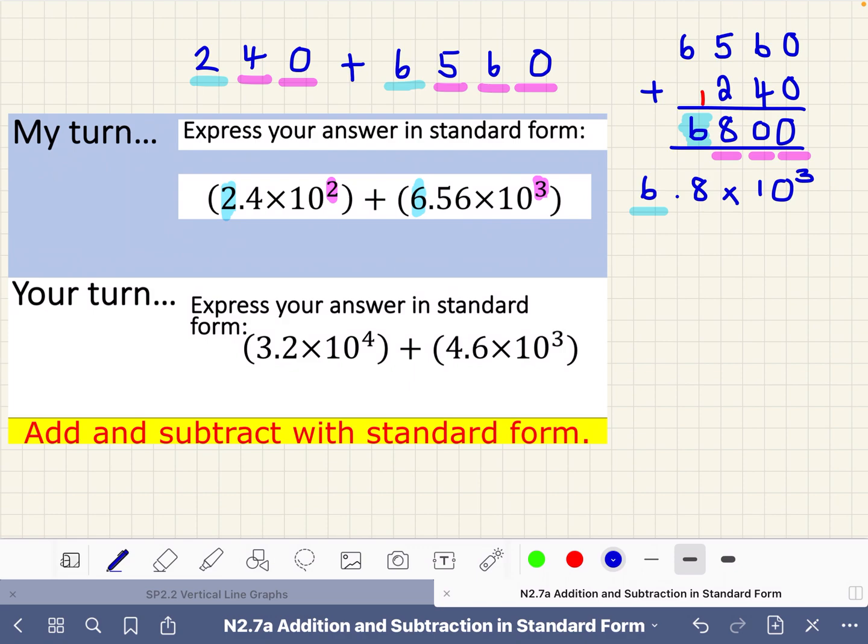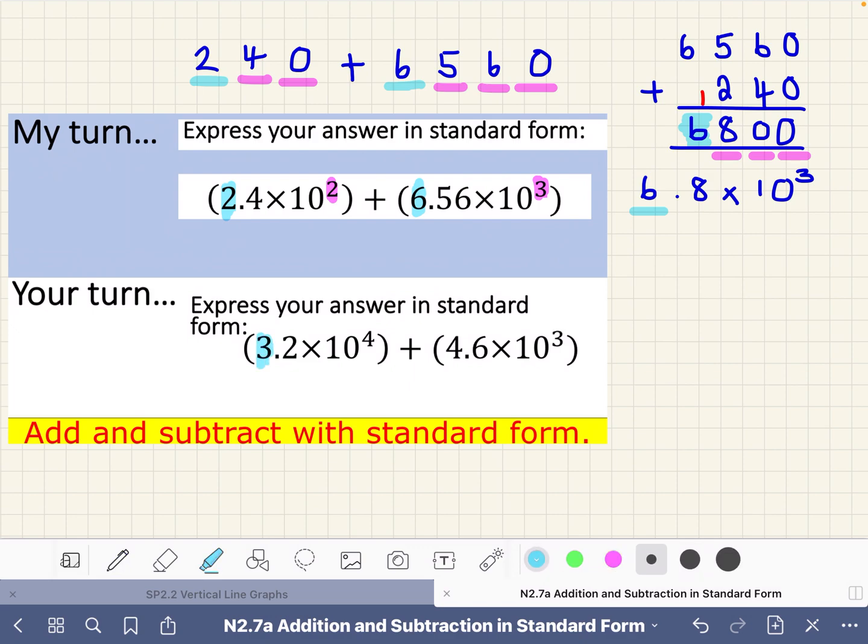Okay, so first step is to convert the 3.2 times 10 to the power of 4 and the 4.6 times 10 to the power of 3 into ordinary numbers to complete our calculation. We are looking to express the answer in standard form as well, so we need to remember that for the very end. So to begin with, 3.2 times 10 to the power of 4.